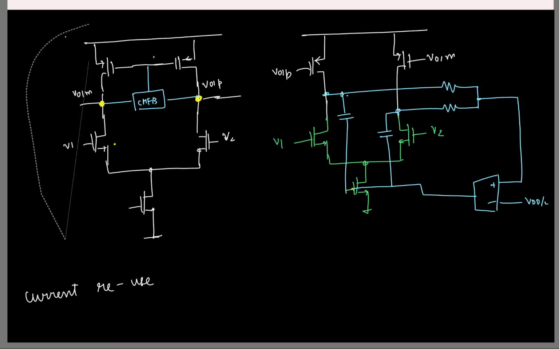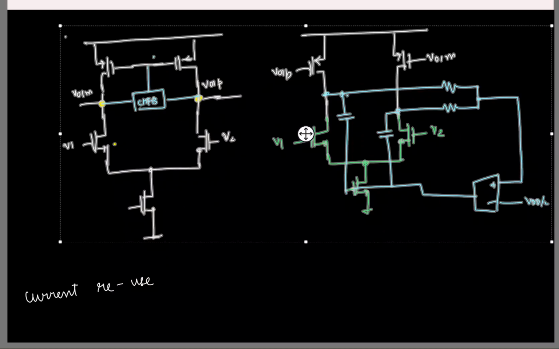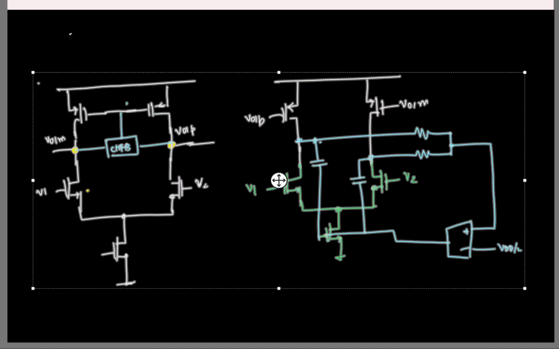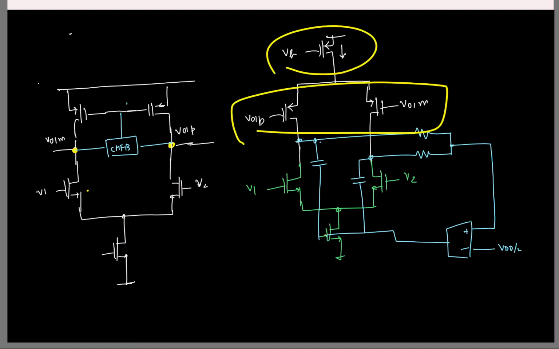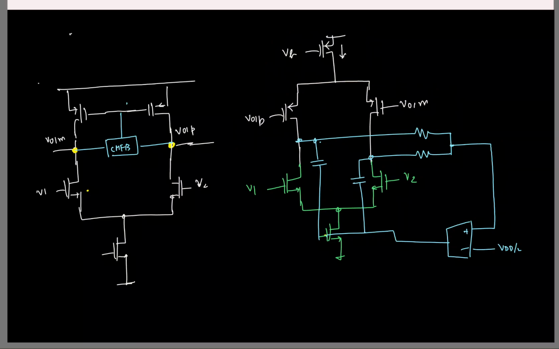Now there is one other variant that is commonly used, a minor variation. So you can also add one more current source transistor here, and set the bias current independently. So this way even the second GM is biased with a constant current, and that will have a good common mode rejection. Note that whenever you have biased a particular GM with a constant current, it is going to have a good common mode rejection.